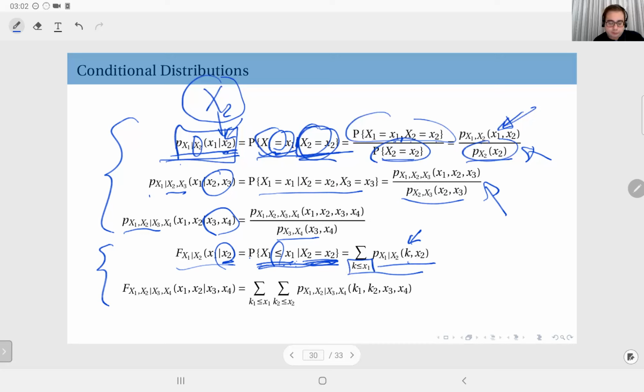Or in general, for instance, you can write the joint conditional CDF of x1 and x2 given the values of x3 and x4.